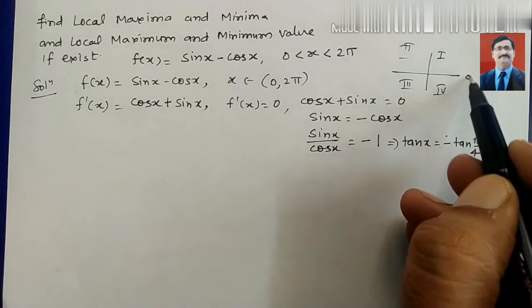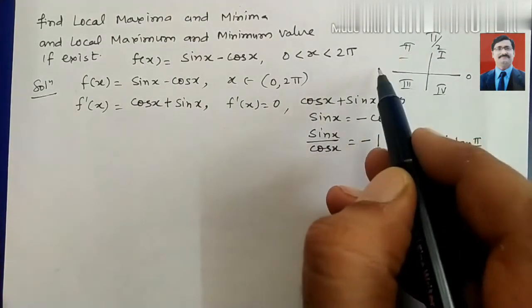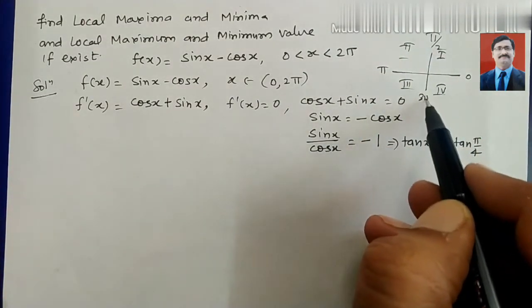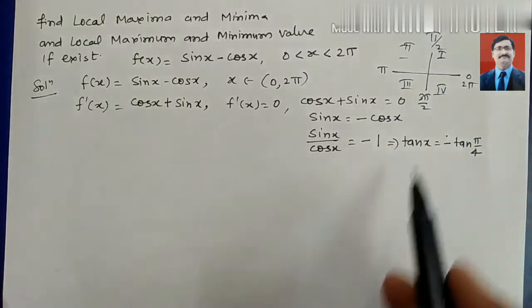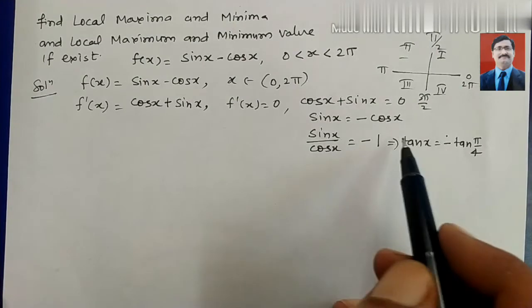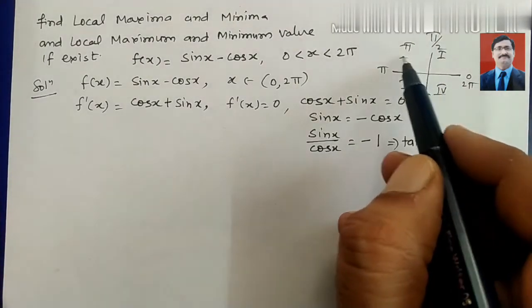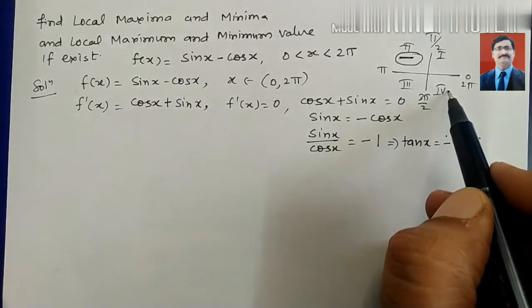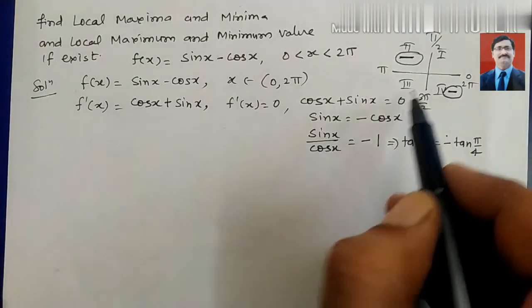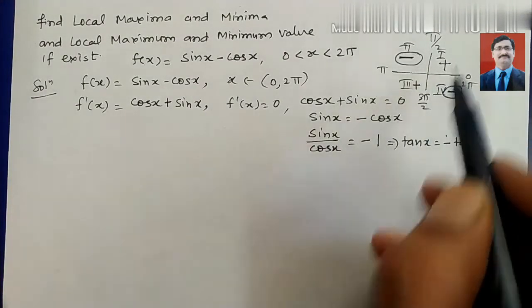This is 0, pi by 2, pi, 3 pi by 2 and 2 pi. So we can check here tan is negative in the second quadrant and tan is negative in the fourth quadrant. Here it is positive, and here it is also positive.